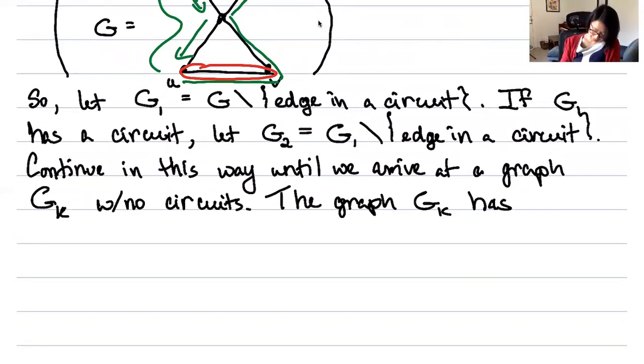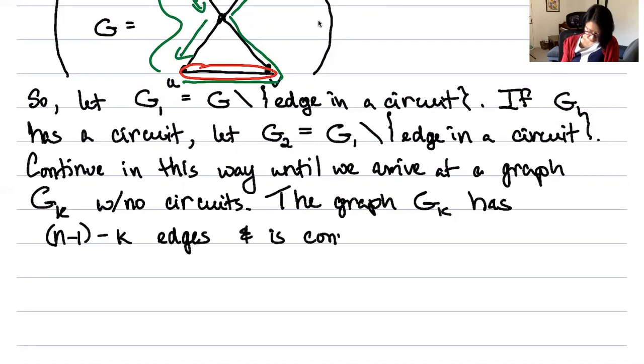That was my hypothesis. And then every time I up k by 1, I subtract an edge. So this has n-1 minus k edges. And is connected. Each one of these GKs is connected because I was only breaking cycles.